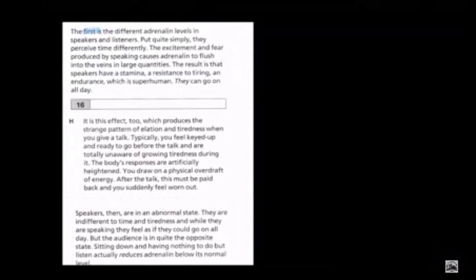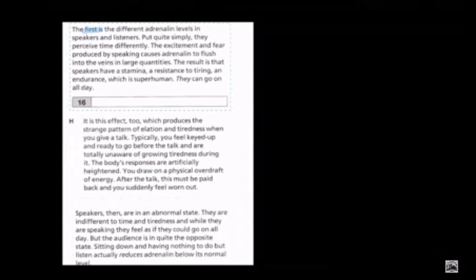So adrenaline levels. Oh my God. Right, adrenaline levels. So excitement and fear. And that's what I meant about the elation and tiredness. Wasn't there another one?